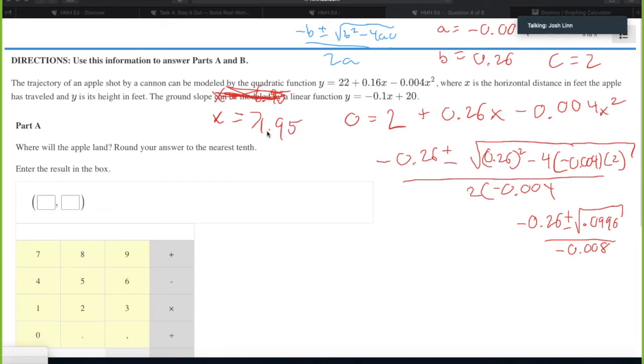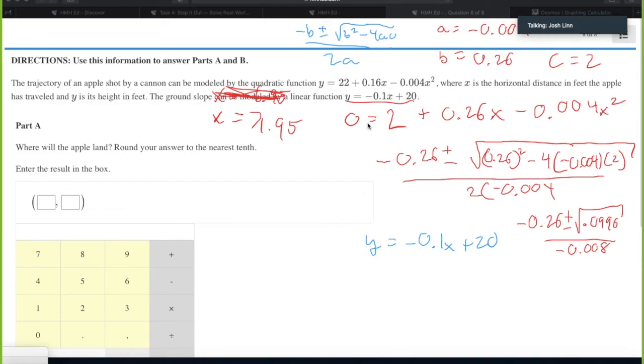So now we just take this number and we're going to plug it back into really either one of our equations. It doesn't matter. So I'm going to write this one on the screen. We'll switch to blue. So y equals negative 0.1x plus 20.